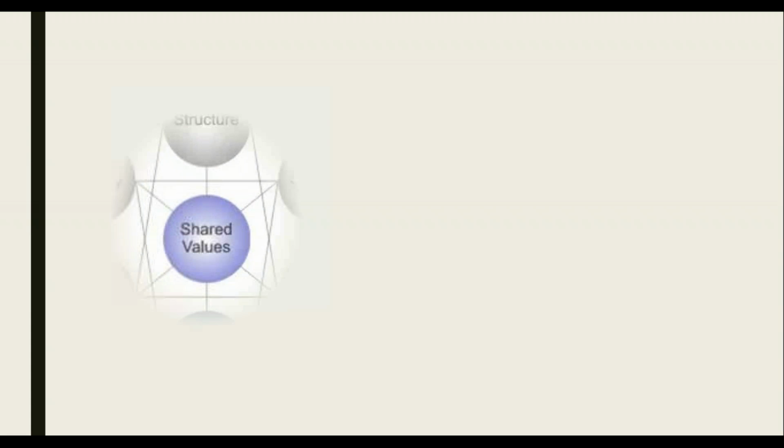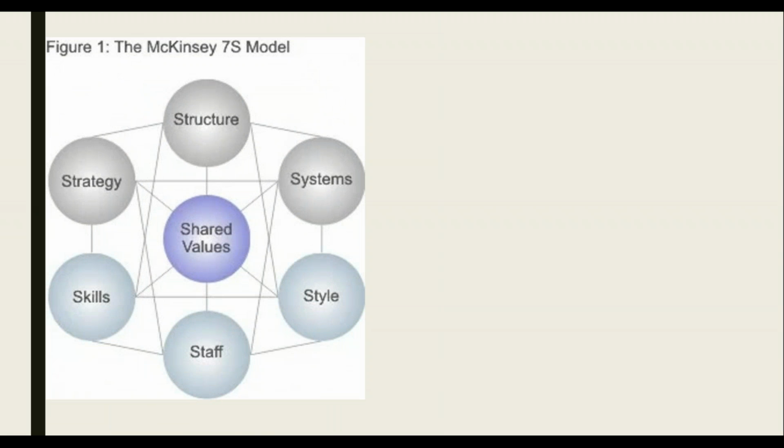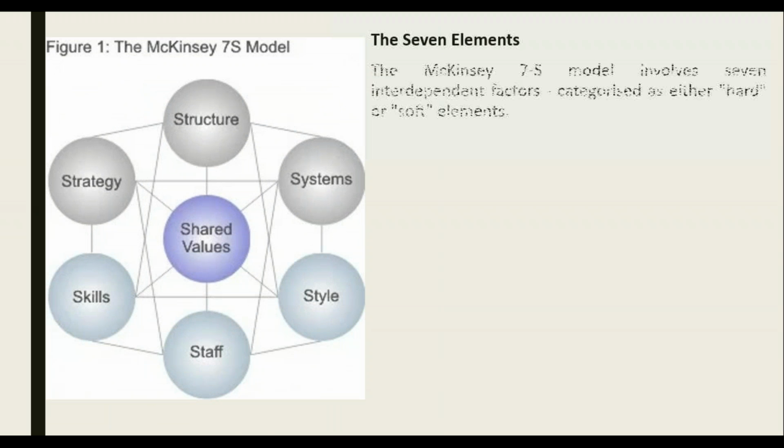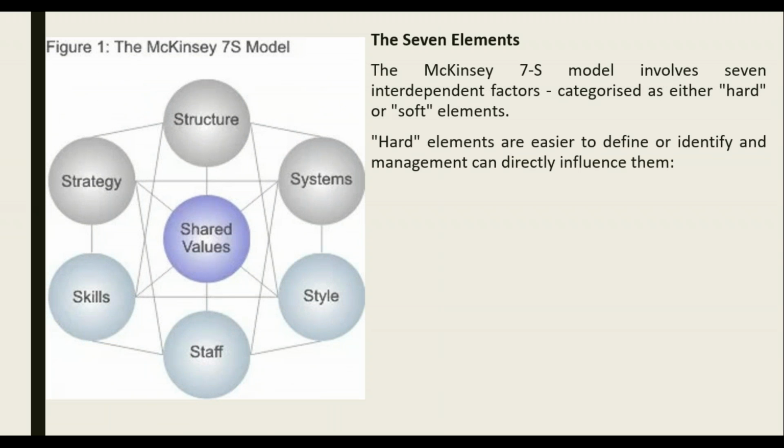So these 7 elements, these interdependent factors, are characterised as either hard or soft. Hard elements are easier to define or identify, and management can directly influence them. These are strategy statements, organisation charts and reporting lines, formal processes, and IT systems.